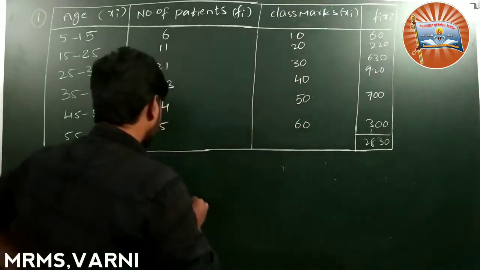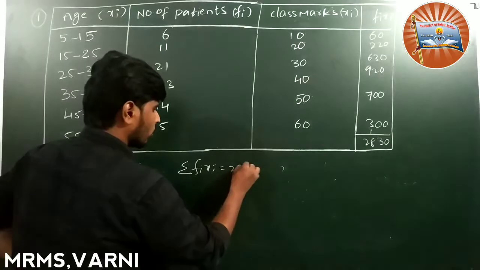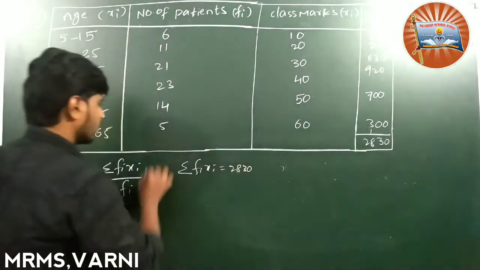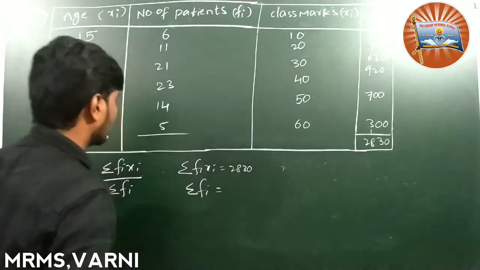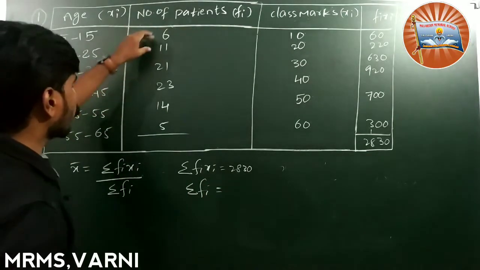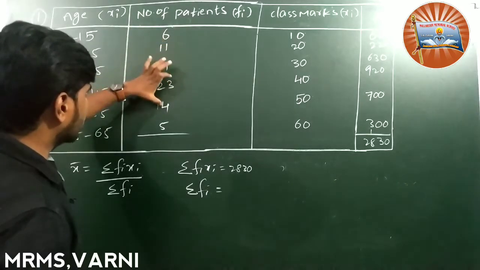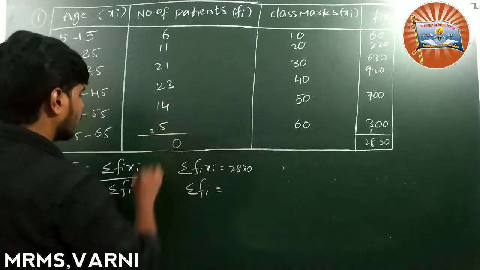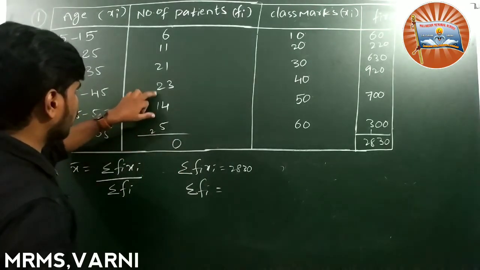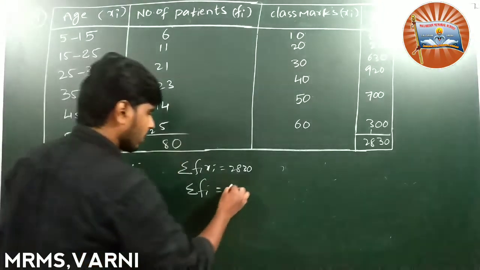So sigma Fi xi we got 2830, and this one we have to find sigma Fi value. So we have to add these frequencies: 6 plus 1 is 7, 8, 9, 10, 11, 12, 13, 14, 15, 15 plus 5 is 20, 0 here, 2 carry, 2 3 4 5 6 7 8. So 80 is the sigma Fi.